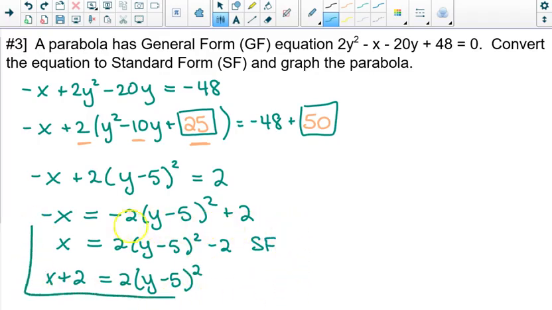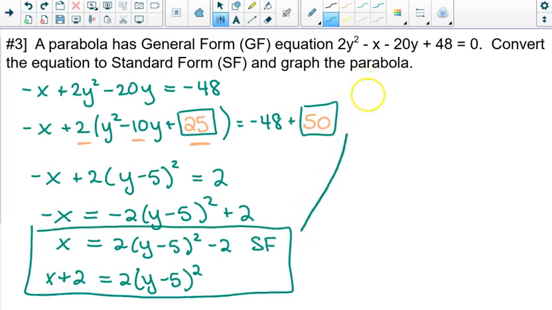And don't forget, it also says to graph. So let's gather some information in order to graph. What's the vertex? So what's h and what's k? Looks like the number we subtracted from x is negative 2, and the number we subtracted from y is 5.